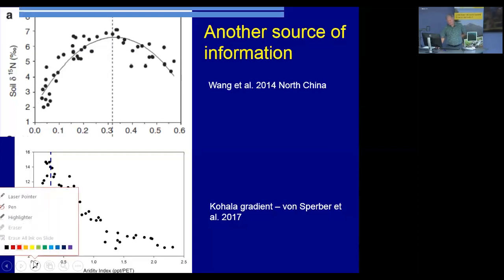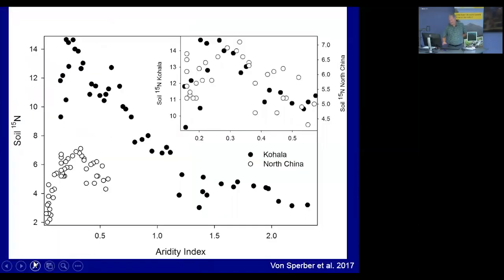And when you plot those together, which I've done in the inset here, you see that if you look at the Hawaii data, which are the solid points, and the Chinese data, which are the hollow points, they have exactly the same pattern.